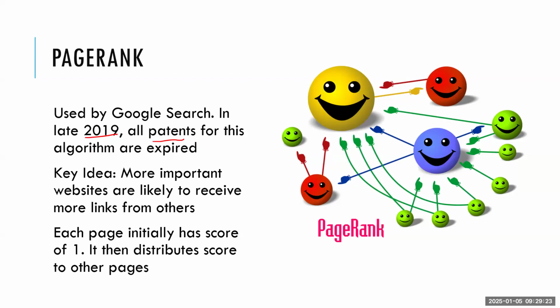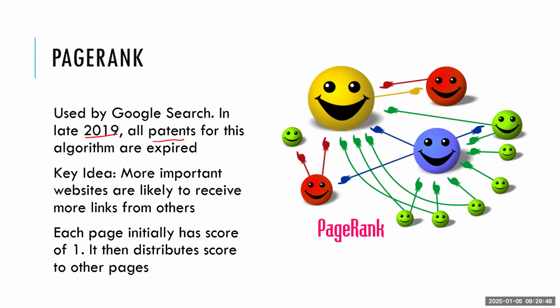The PageRank doesn't take the query into account; it just scores the documents inside the database itself. The key idea is that more important websites are likely to receive more links from other authors.